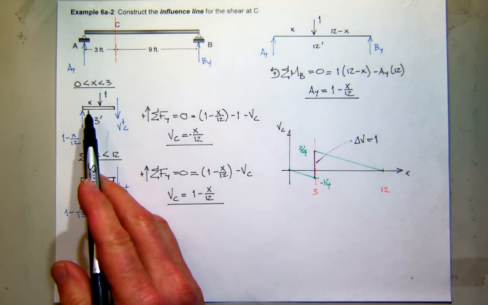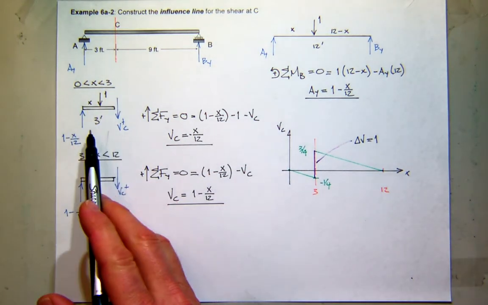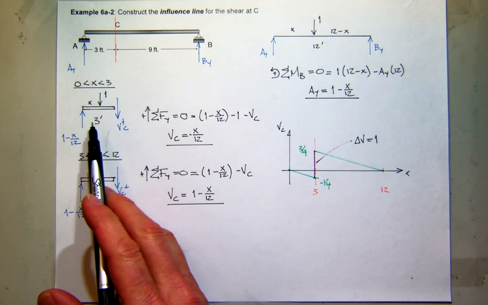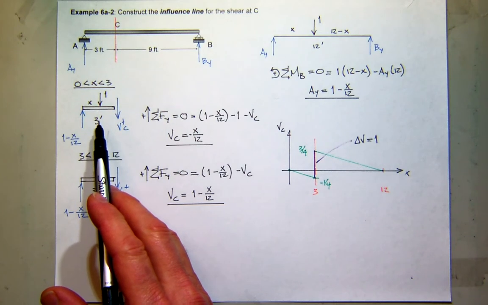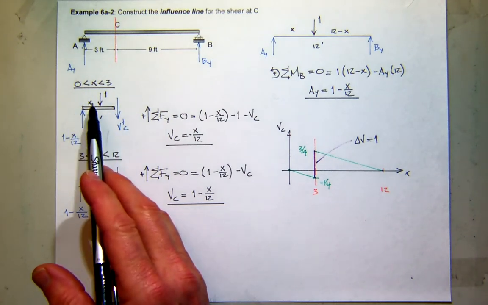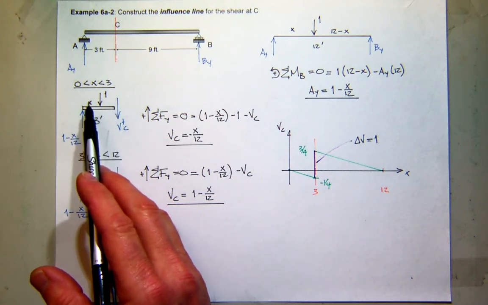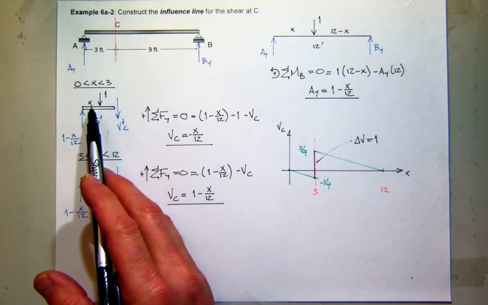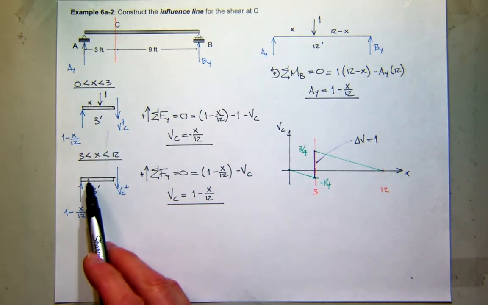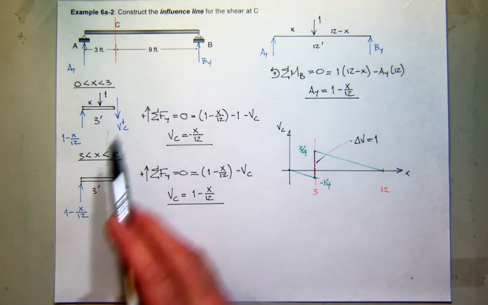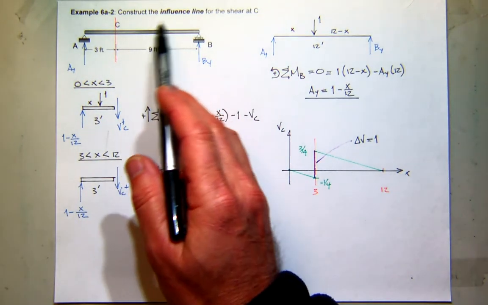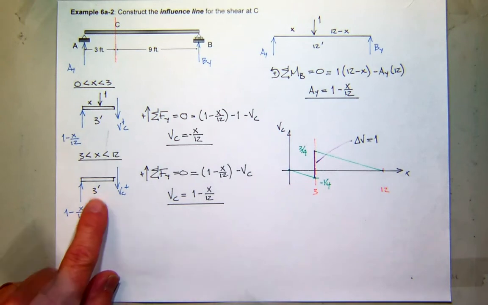So from 0 to 3, this 3 does not mean the length of the beam. C is fixed at x equals 3. This x is the location of my load. That's what that x is. So when my load's on 3 to 12, it's over here somewhere. It's not on my left side free body.